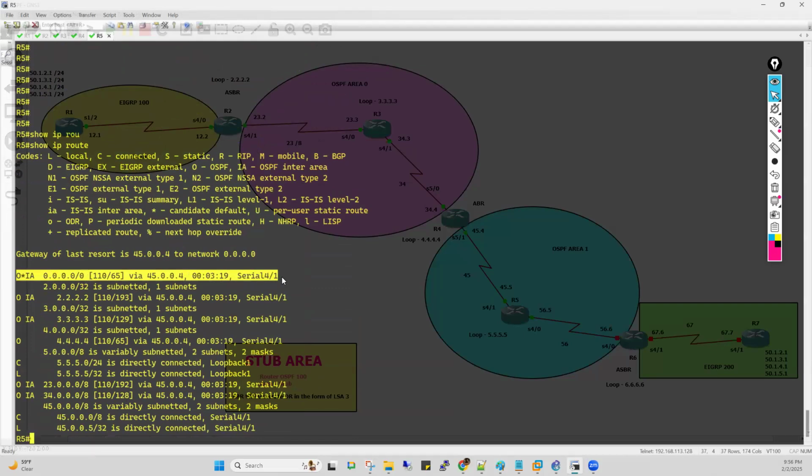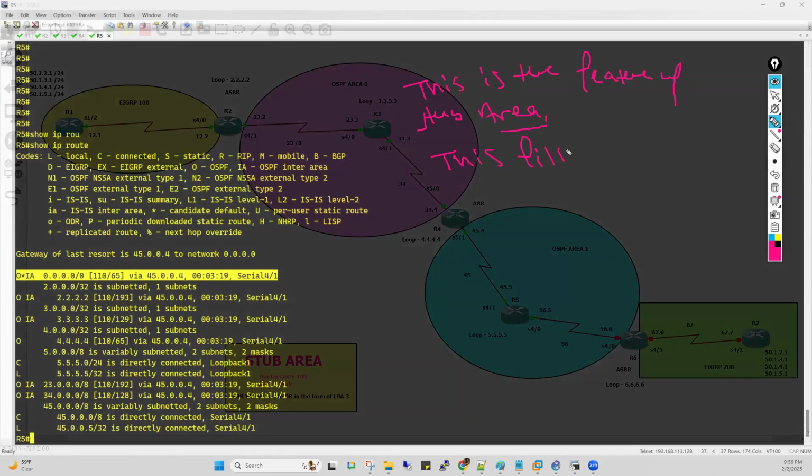Please remember, I'm writing here. This is the feature of stub area.